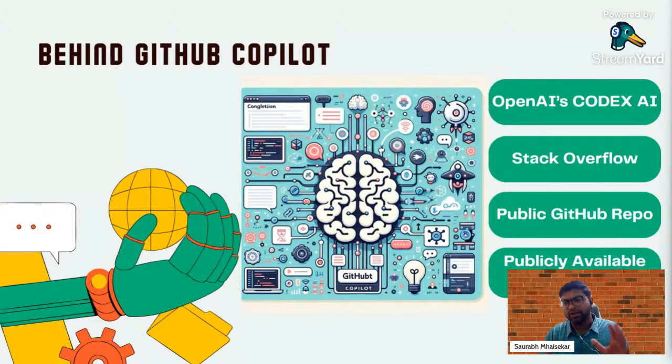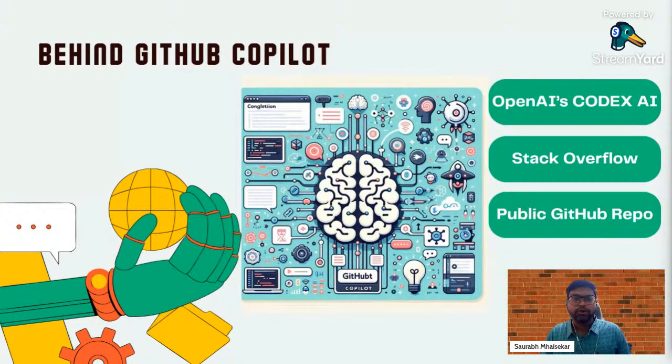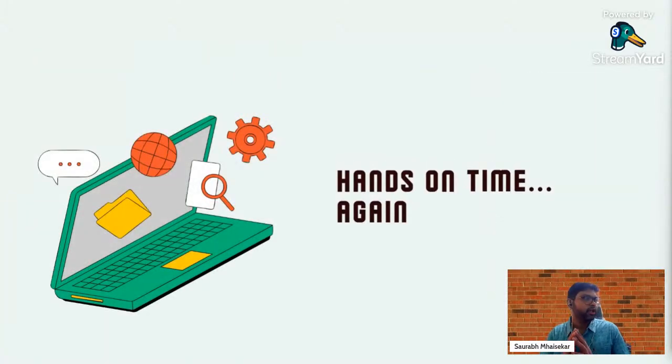So that's all. I know there is much more to it, to be frank, but in the spirit of keeping things practical, let's again focus on creating things. Let's move on, hands-on time again. So now what we are going to do: we are going to create a simple website using GitHub Copilot, and I'm not going to do any coding for that.